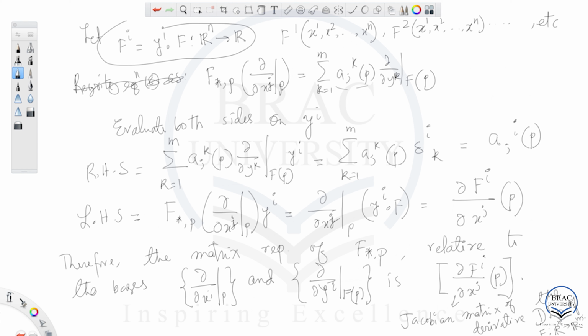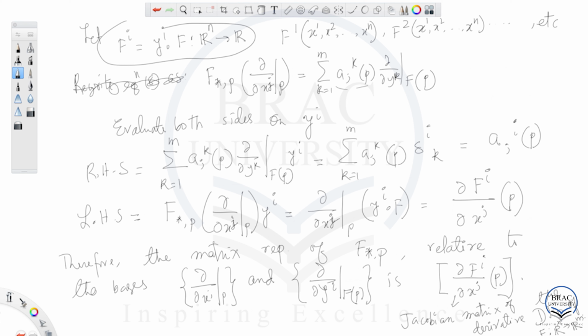Okay, so we thus see that the differential of a smooth map between two Euclidean spaces is nothing but its Jacobian matrix relative to the standard basis of these two Euclidean spaces.